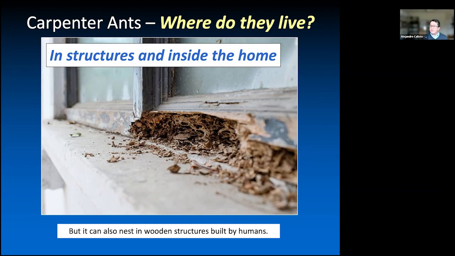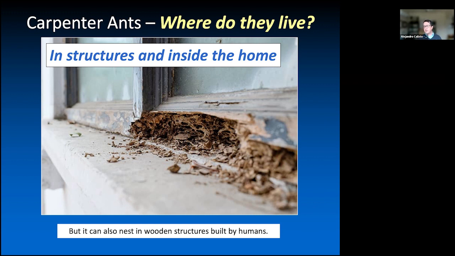Now, in houses and structures that are being built, again, these ants don't eat wood, but if they find wood that is rotten, wet, or in decomposition, they will use it for nesting. Particularly here in the Northeast, because of the winter weather, these ants, as well as other insects, are looking for a warmer place to survive.